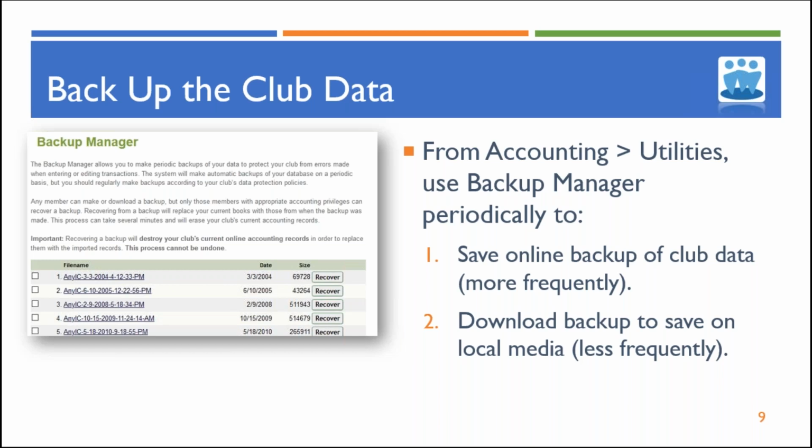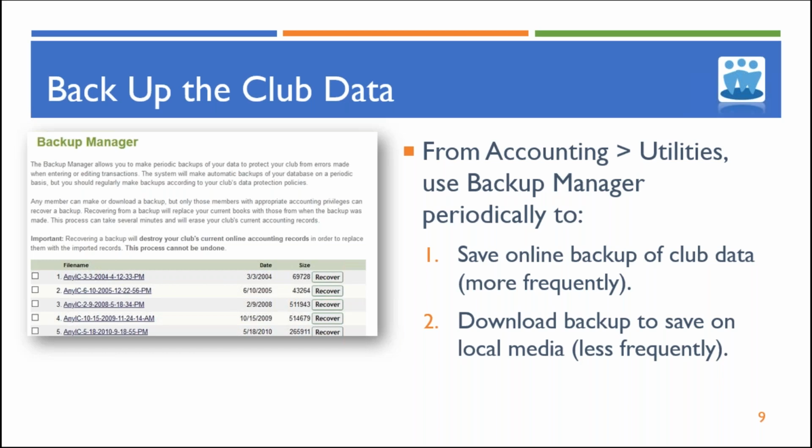Even if it's 2 years old, that's a lot better than having to re-enter 3 years or 4 years of data. So even on an annual basis, the rule of thumb is how much data would you like to re-enter by hand in case of a catastrophic event? If you have a club with a lot of members and a lot of transactions, 3 or 4 months of data entry is going to take you some time.